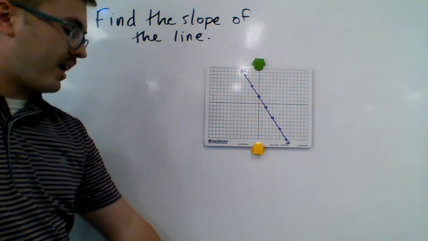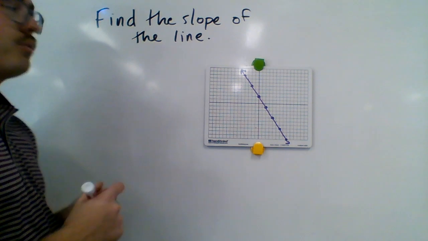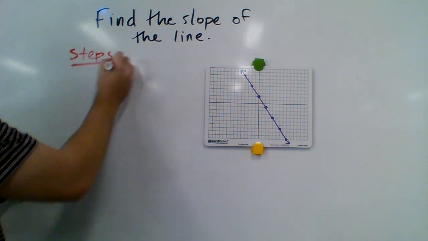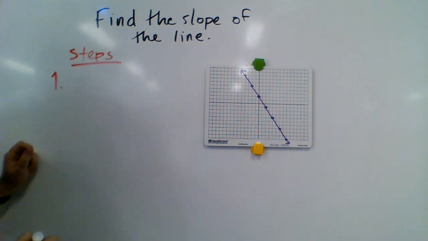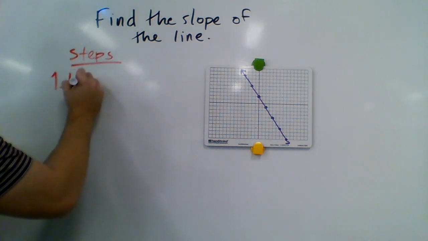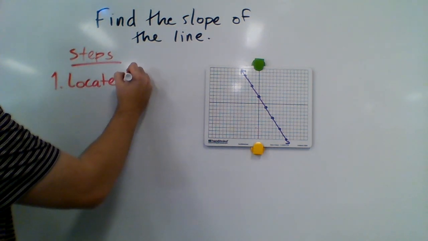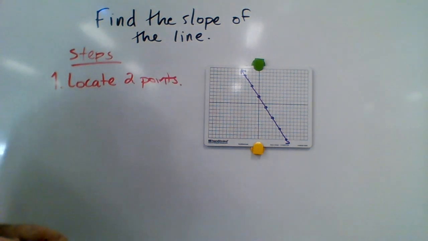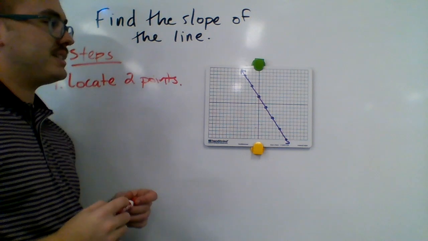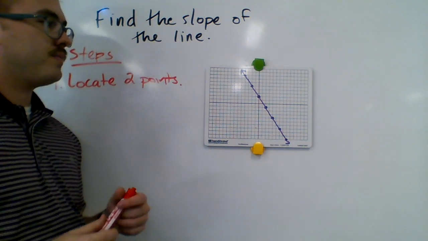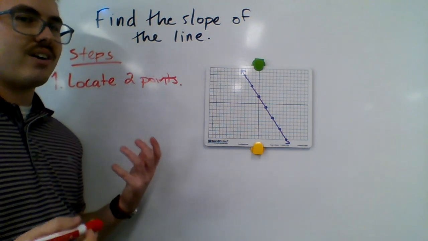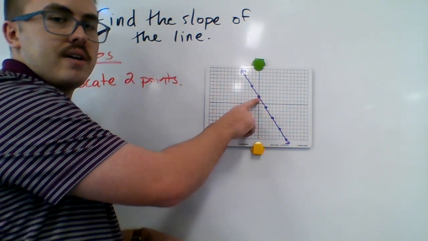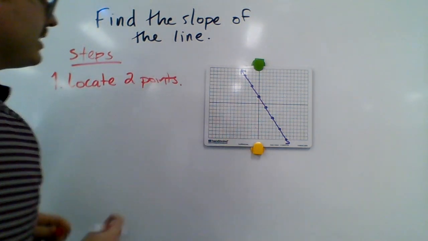So this first way I'm going to do it, I'm going to write down my steps on this side. The first thing I'm going to do is I'm going to locate 2 points. So I'm going to choose any 2 points that are on this graph. I'm going to choose ones that are easy and straightforward. I'm going to choose this one right here and write down those coordinates.